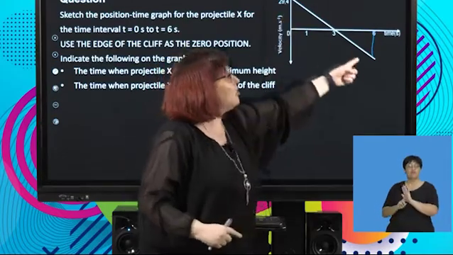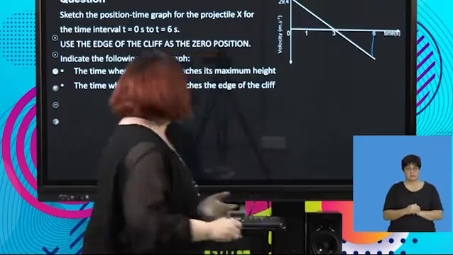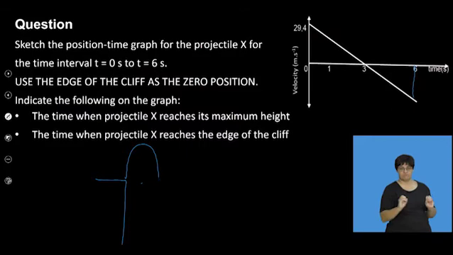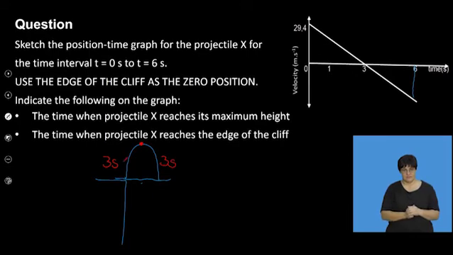So this graph is only representing, if we have our cliff, it's only representing that part of the motion because it took 3 seconds to get to here, which means it's going to take 3 seconds to get back down.